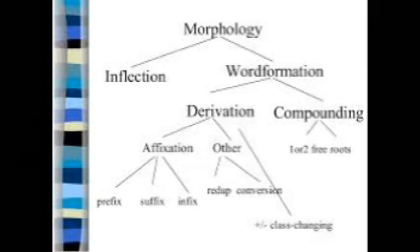Now, if in the parts of speech it's a noun or pronoun, and it is to show the case, like genitive or possession, for possessive nouns you add an apostrophe s or an apostrophe.